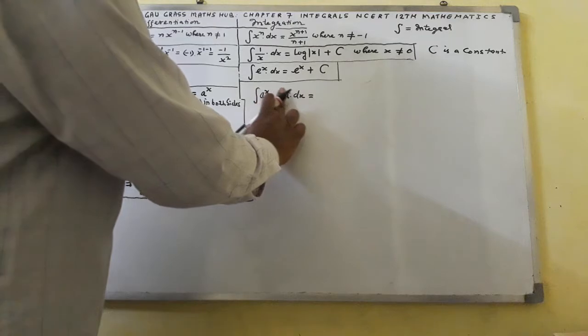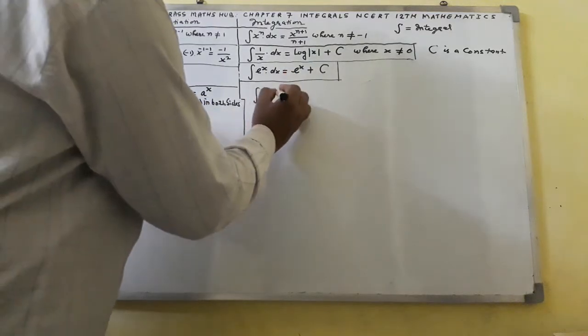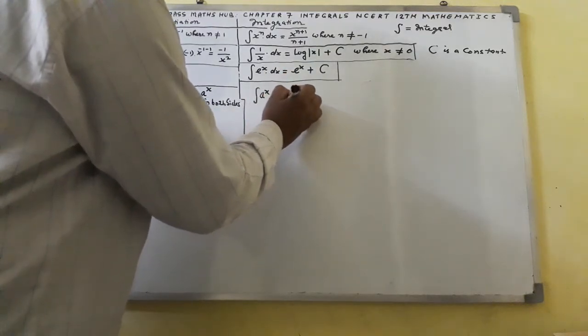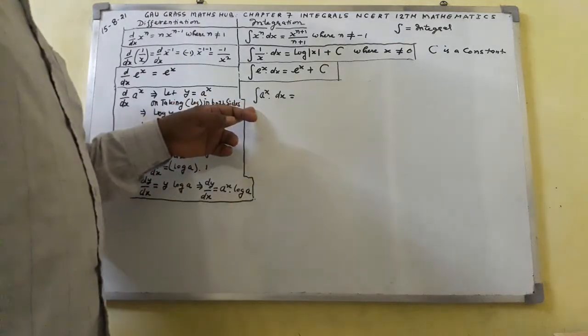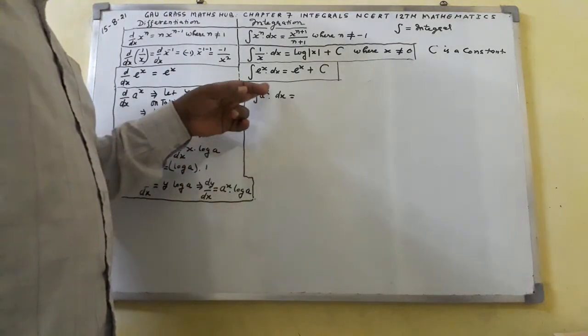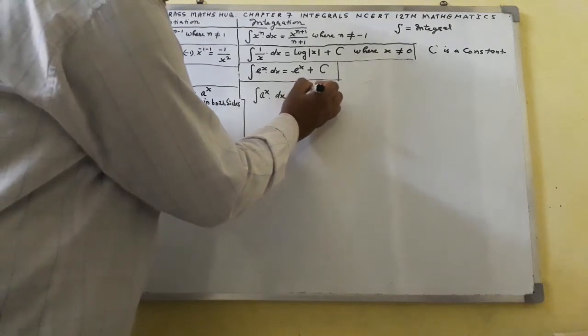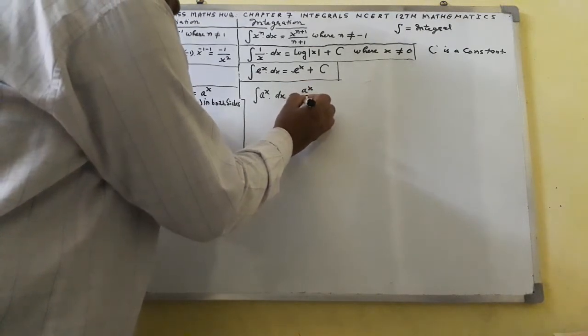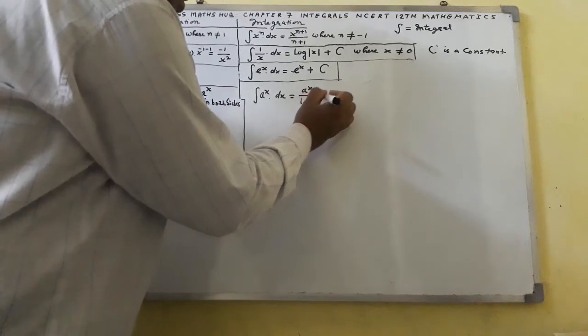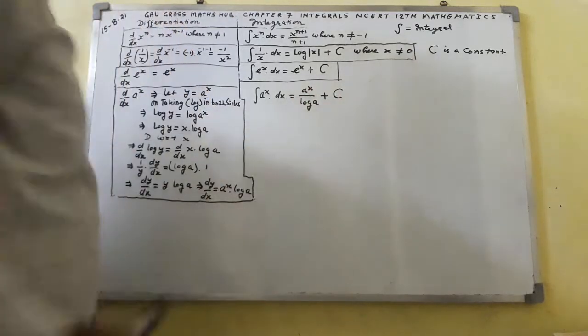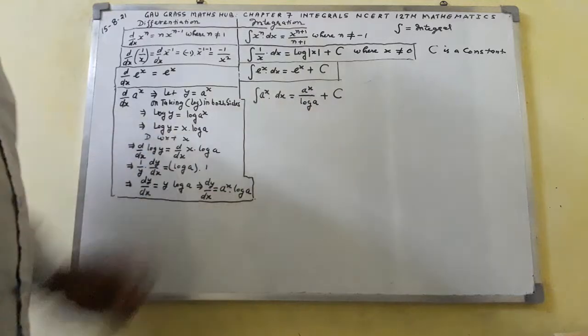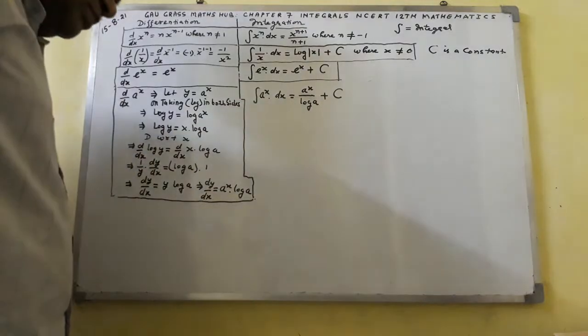Don't write it like this, remember: the integral of a raised to the power x dot dx equals a raised to the power x whole over log a plus c, where c is a constant.